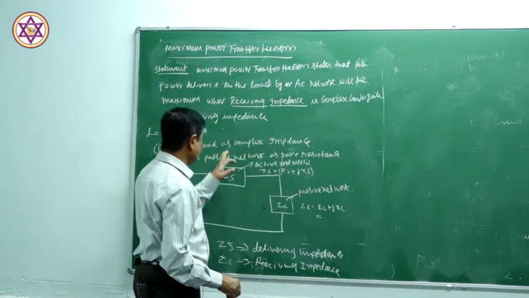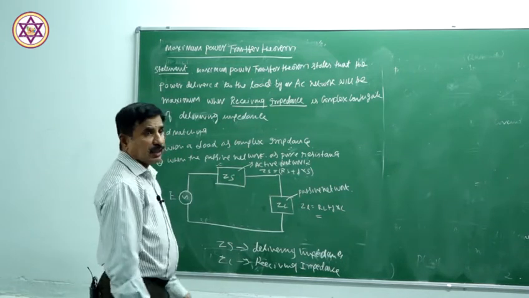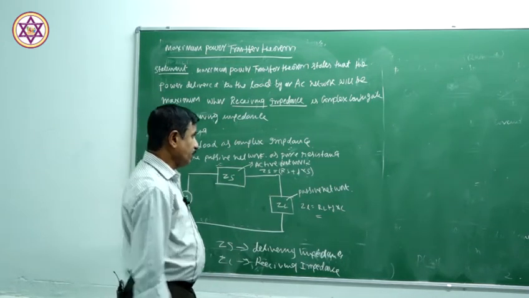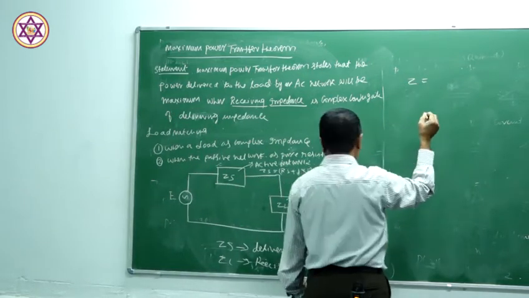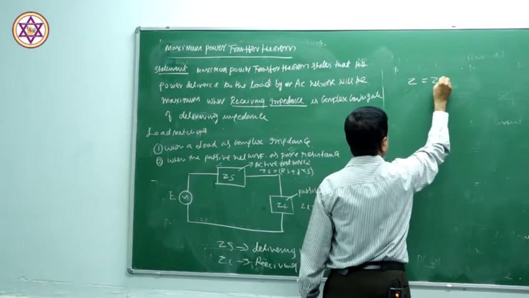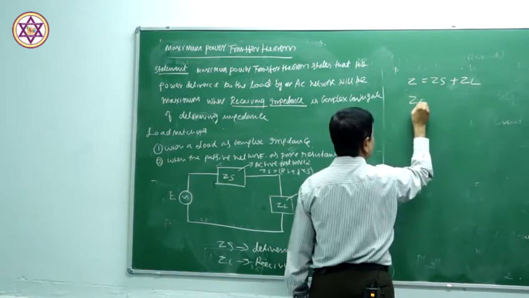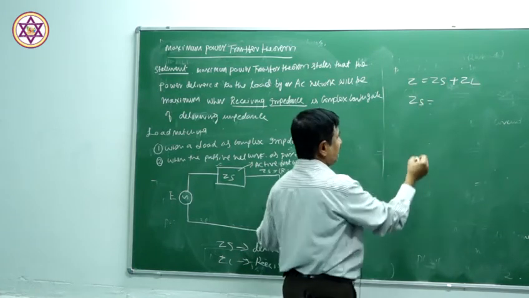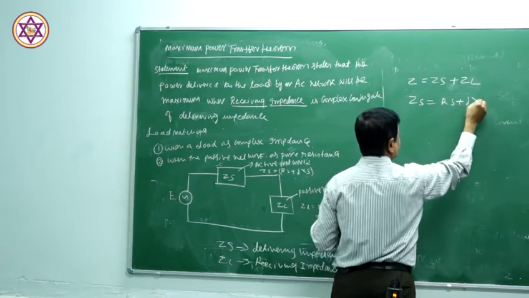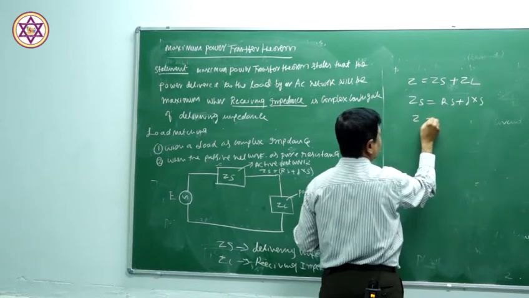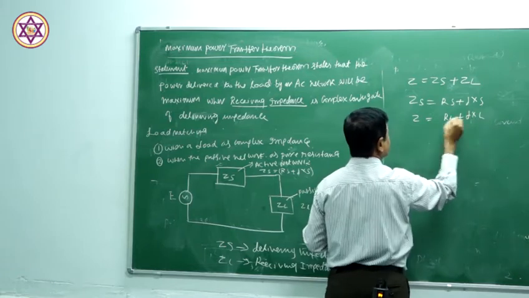So what is the total impedance? Total impedance is ZS plus ZL, where ZS is equal to RS plus jXS and ZL is equal to RL plus jXL.